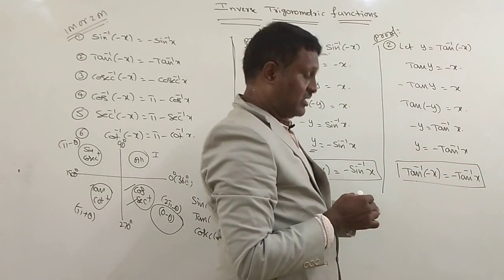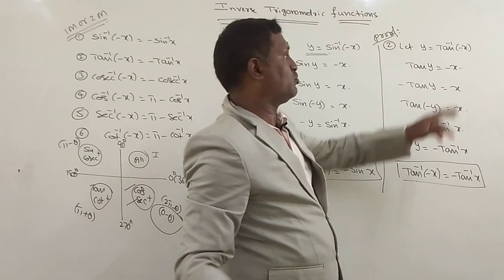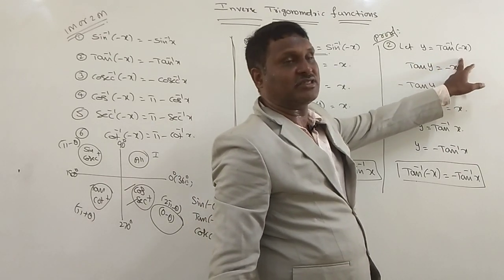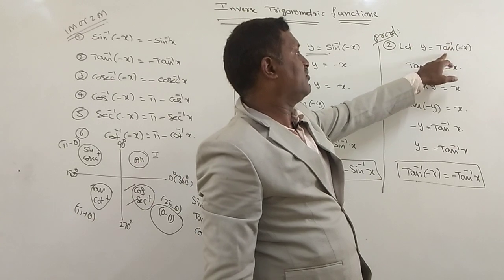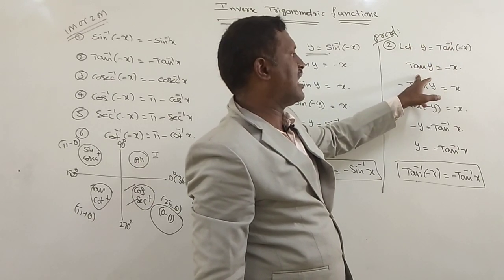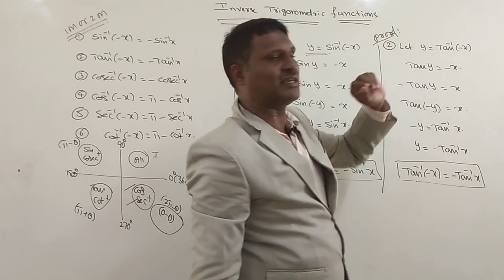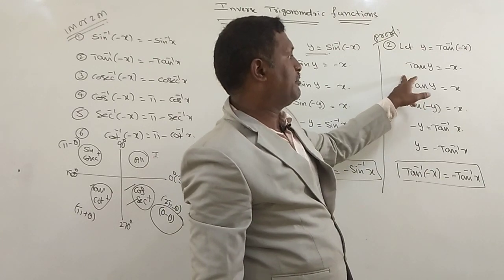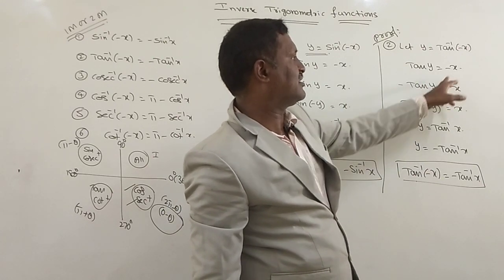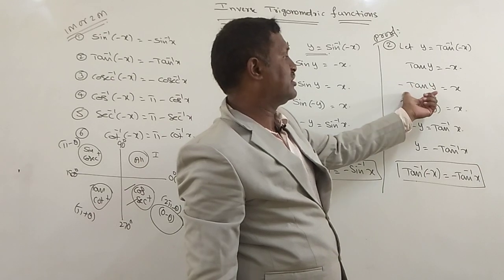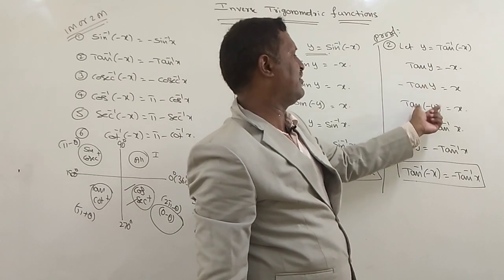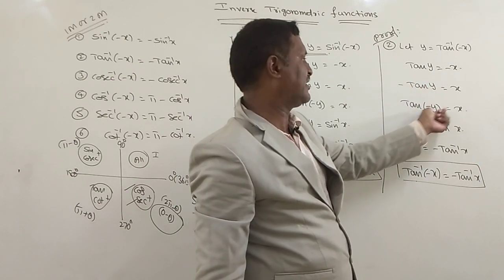Listen once again, the given question I took as y. Y is equal to tan inverse of minus x. Now tan inverse, take to the other side, we can write it as tan y. Tan y is equal to minus x. Now multiply by minus sign, minus tan y is equal to x. Now using the fourth quadrant, minus tan y we can write as tan of minus y, that is equal to x.